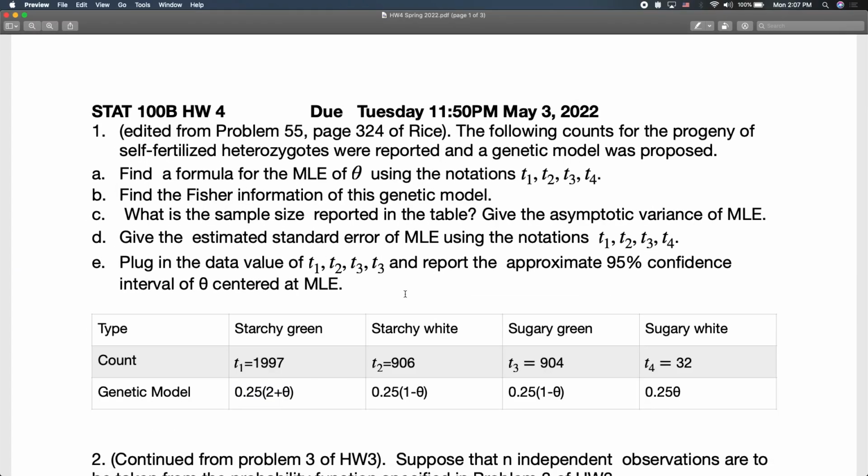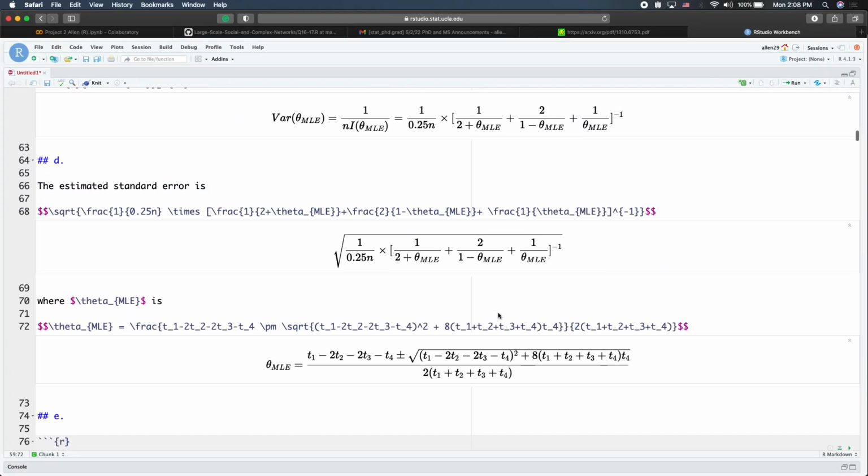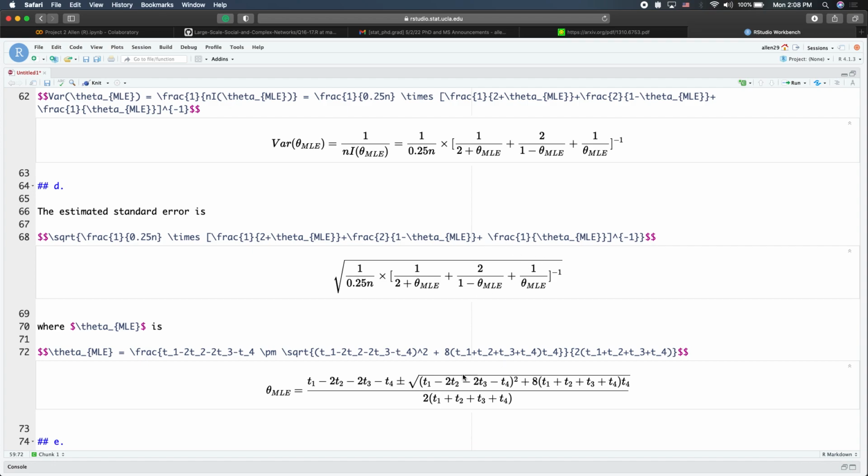And lastly, the standard error is just the square root of that.